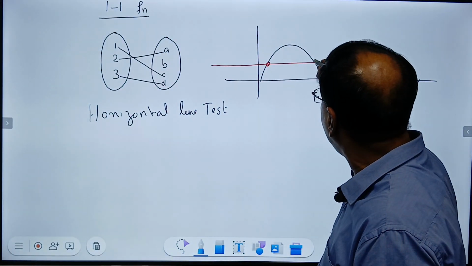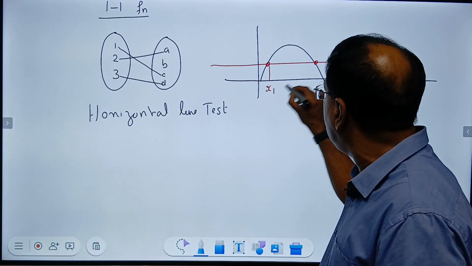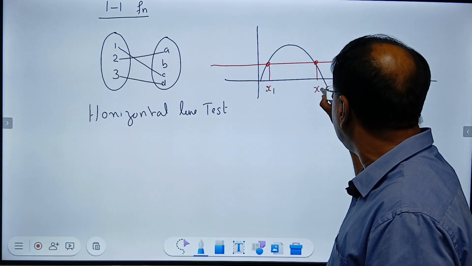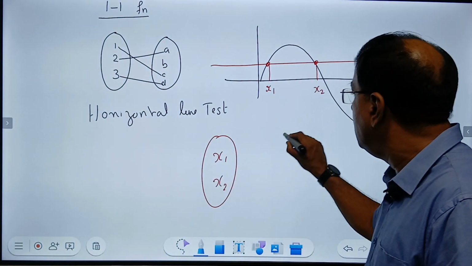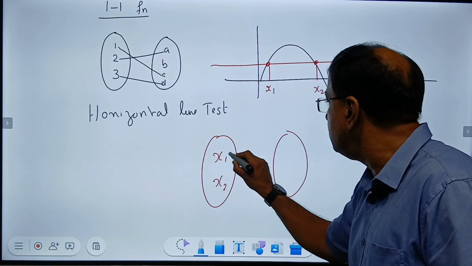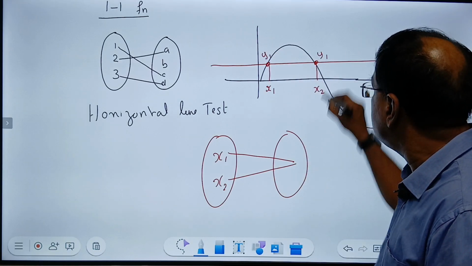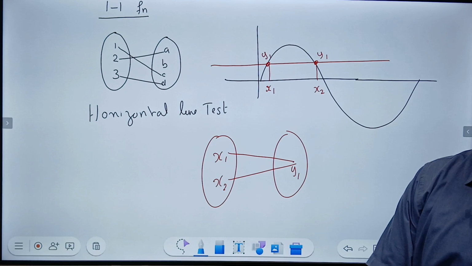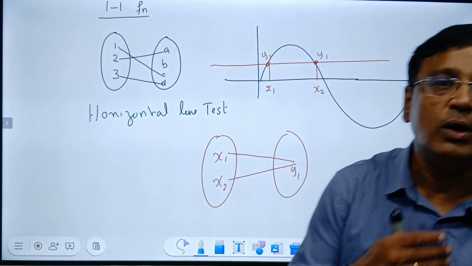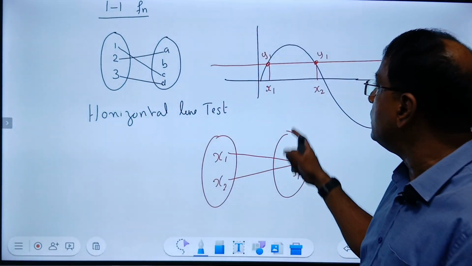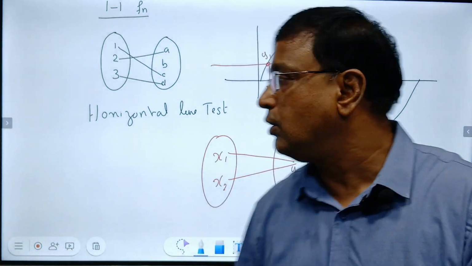That means for two different values x1 and x2 from the domain, you have the same y value. I call this y1, so it goes to the same y value. So two distinct elements go to the same value. It violates, it's not one-to-one. So the horizontal line test helps you to determine whether the function is one-to-one or not.